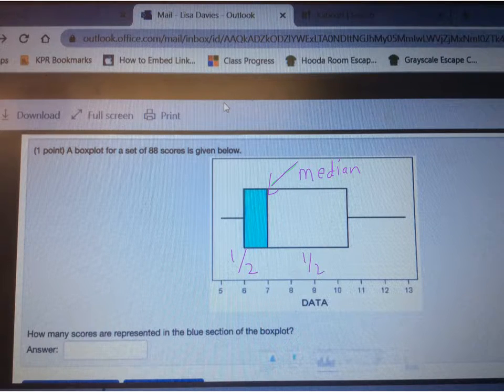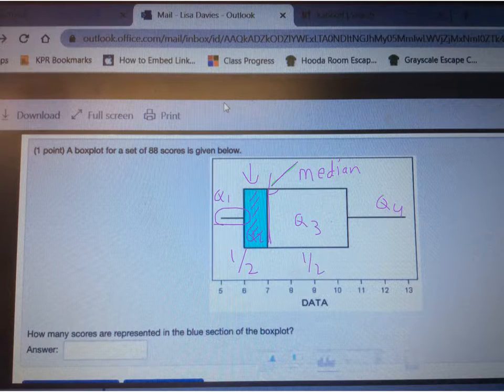So this question is just asking, now let me see, because that looks to me like the blue part is just this part here and not this part. And so it looks like this is just 25% of your data, because this is your median with your line here, which is the halfway point in your data, and your box is divided up into your Q1, your Q2, Q3, and Q4.